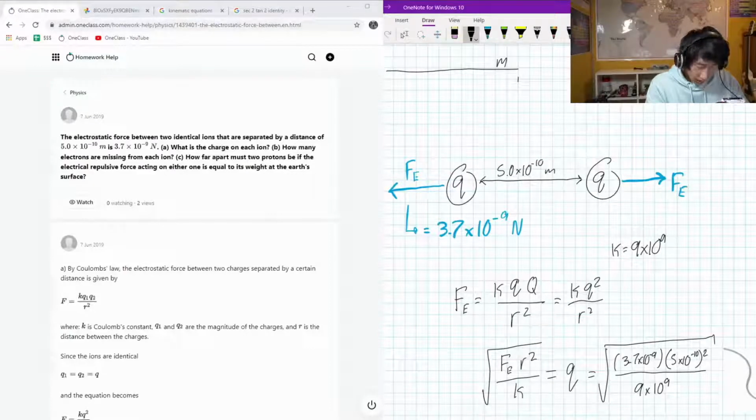So we got 3.7 times 10 to the power of negative 9 times 5 times 10 to the power of negative 10, and that's squared, and then divided by 9 times 10 to the power of 9, and the result of this whole thing is under the root.